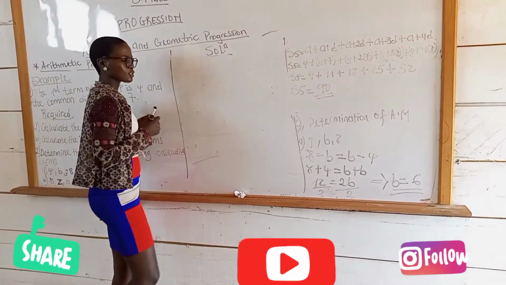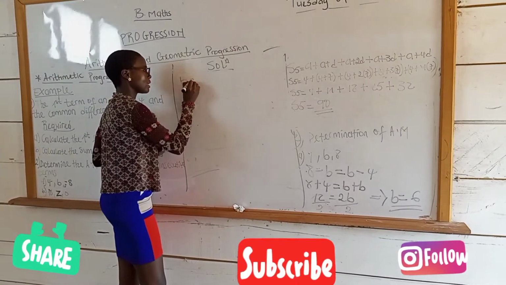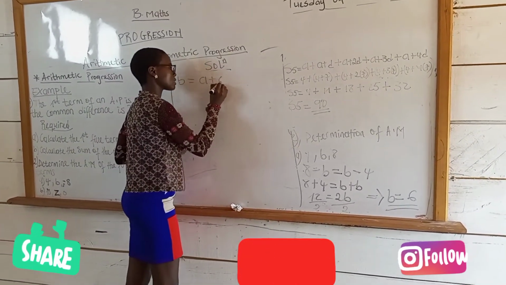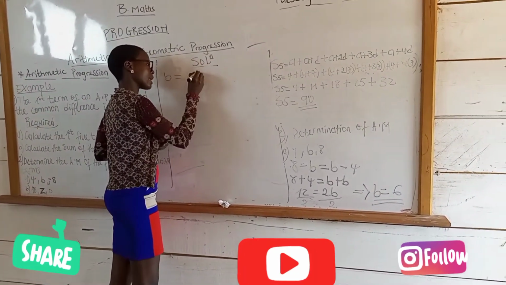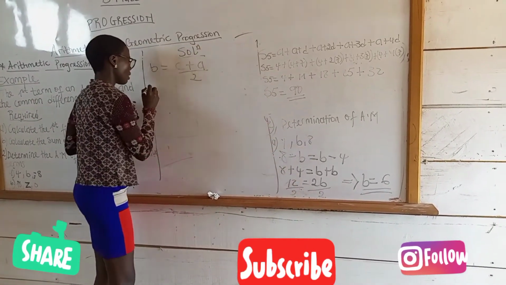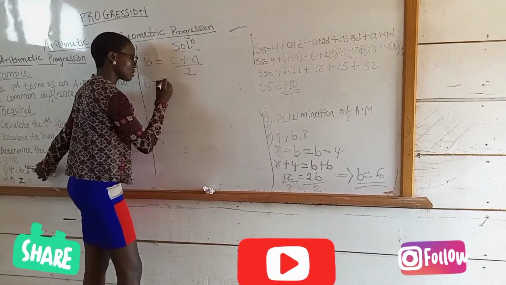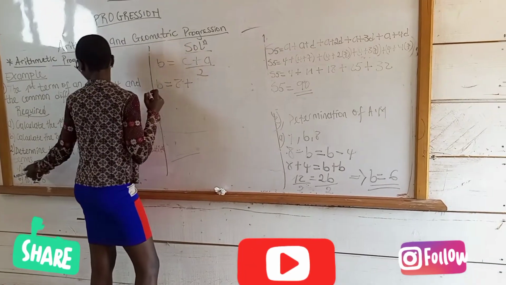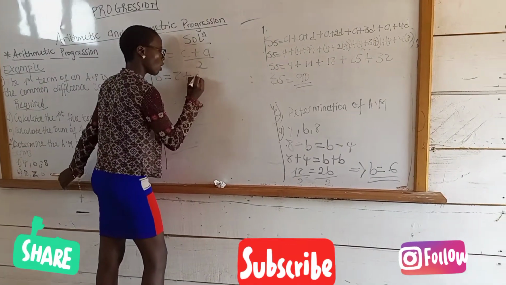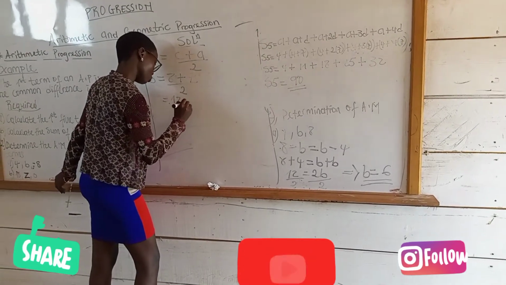Using the formula, B is equal to A plus C, or you can still say C plus A, all depends on you, all over 2. B will now be equal to C, which is 8, the third term, plus A, the first term, which is 4, divided by 2. It's 12 divided by 2, which equals 6.